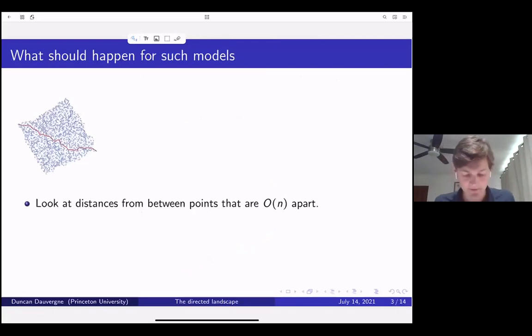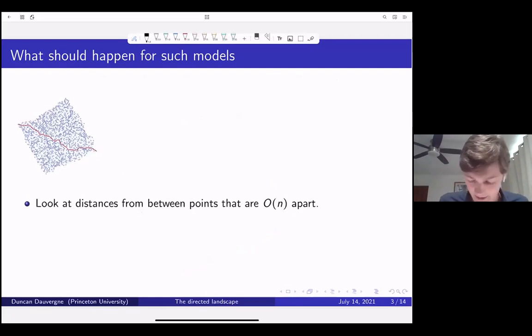So what should happen for these sorts of models? I'll look at a pair of points P and Q that are order n apart. If you put IID non-negative random edge weights, this distance is dominated by a mean term, which is like a constant times n, because they're order n apart.